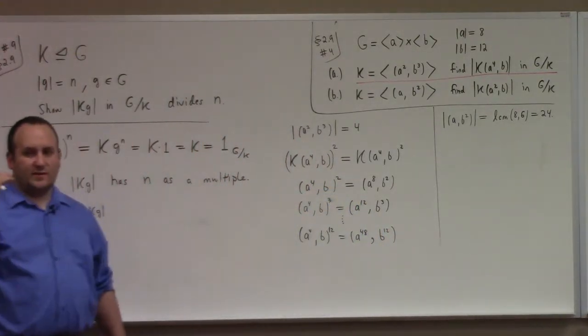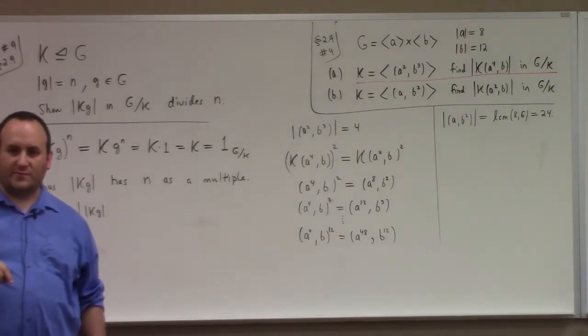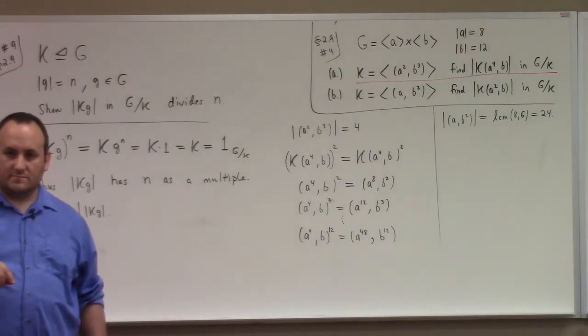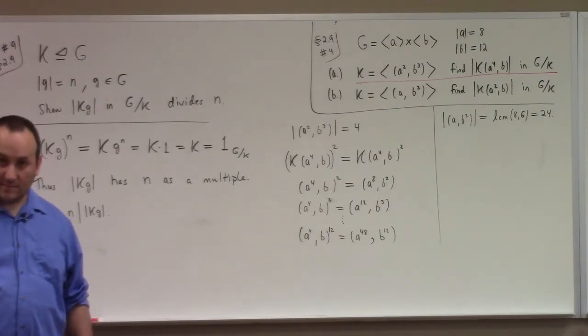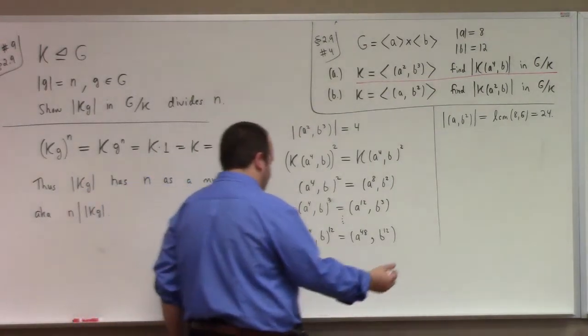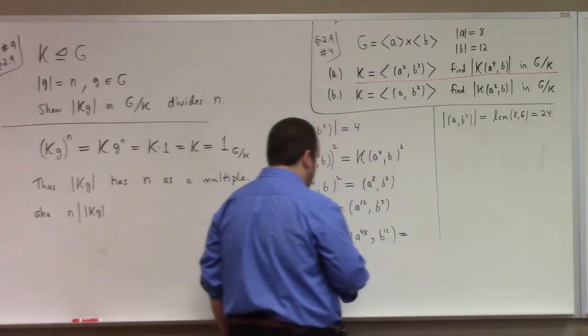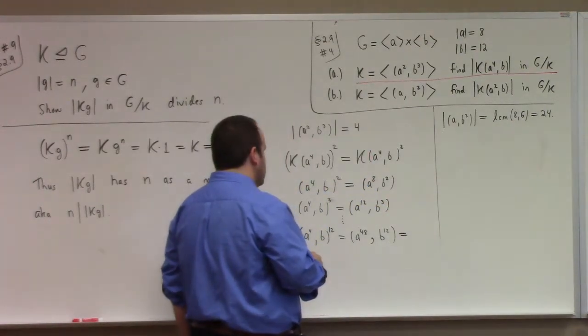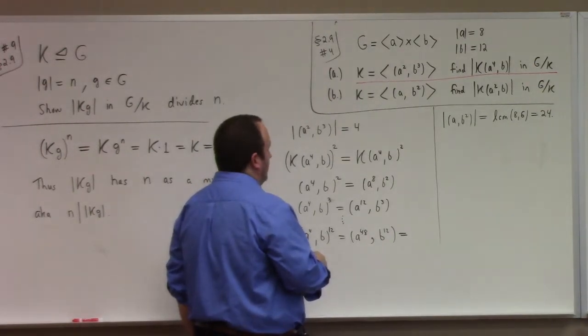The point is, it could not have been... well, wait a minute, I'm forgetting the rules of the game. What are the rules of the game? I'm trying to find the order of this coset, right? So I should work mod K. I'm not even thinking about mod K at the moment. I'm thinking just plain old in the group G, right? So let me think about this for a second here.